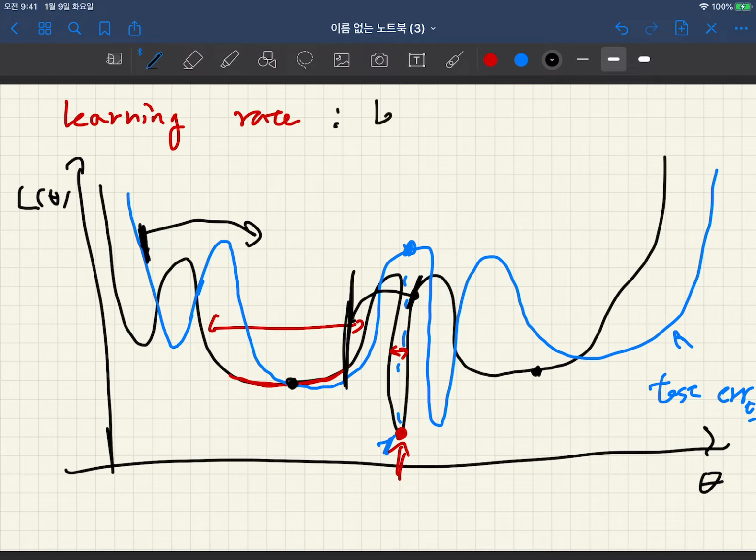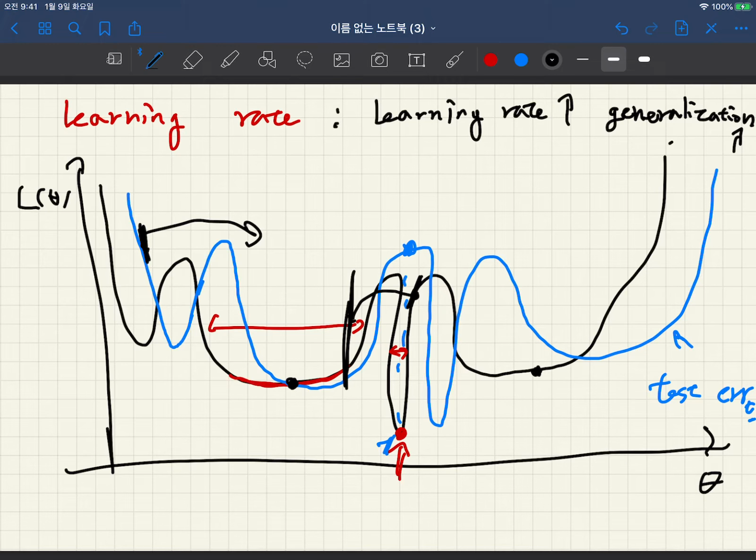When the learning rate is high, you have better generalization. Usually people believe that with a high learning rate, we learn very simple, easy examples, which can generalize well.